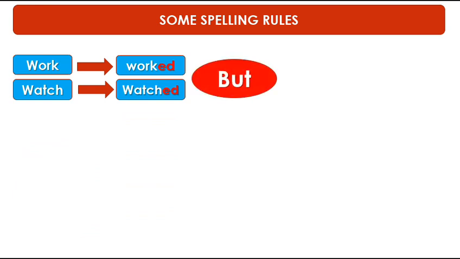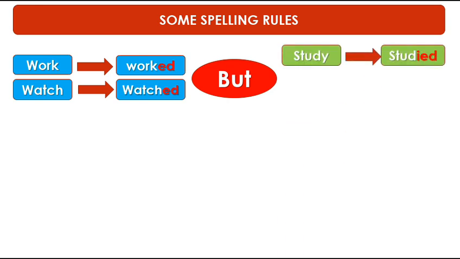But we have verbs like study, which becomes studied. We add ied. We drop the y at the end of study, and replace it with another i. Then we add ed. And we may have verbs like stop, which becomes stopped.